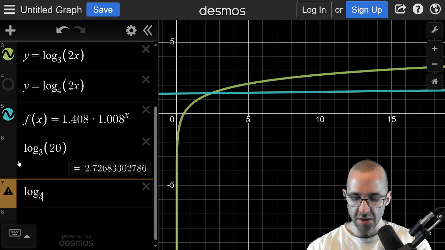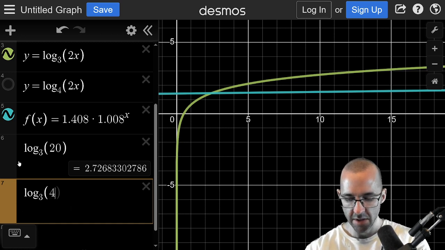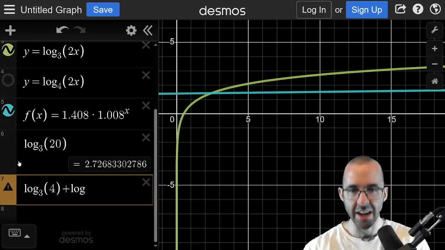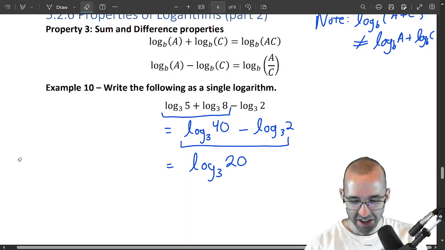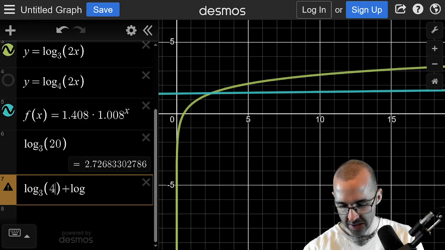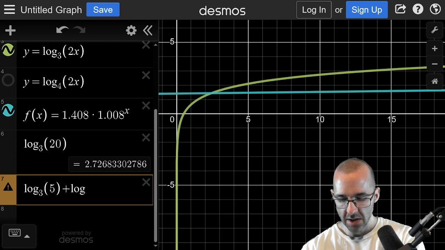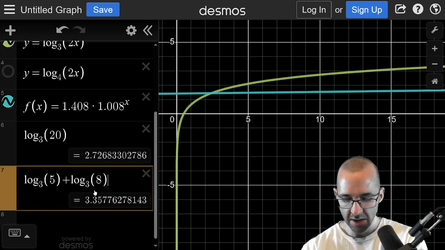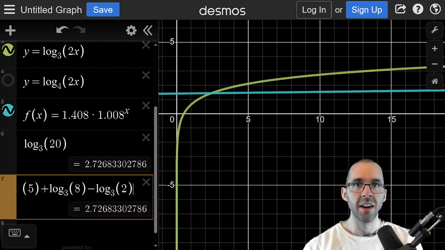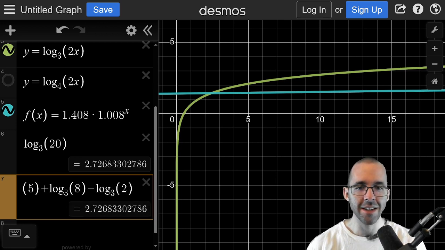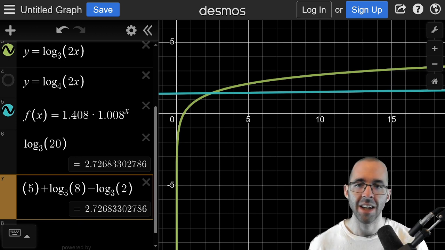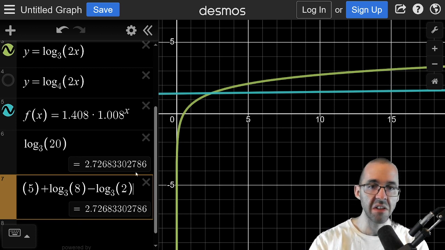Is that the same thing as log base 3 of 5 plus log base 3 of 8 minus log base 3 of 2? By golly, gee whiz, look, they are the same. Okay, so this property works, at least in this case.